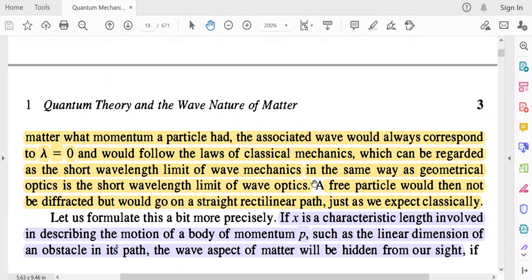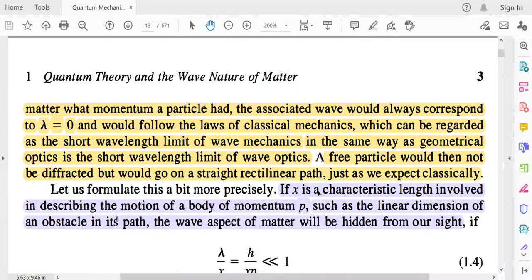In the same way as geometrical optics is the short wavelength limit of wave optics, a free particle would then not be diffracted but would go on a straight rectilinear path, just as we expect classically. You see that optics has some branches. We all know about geometrical optics, and we also know about wave optics or physical optics. In physical optics, the wave nature of light is considered.